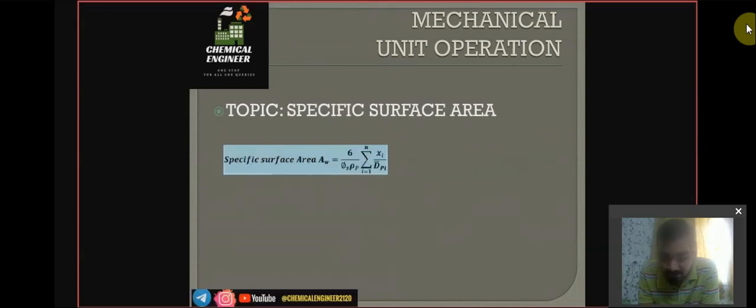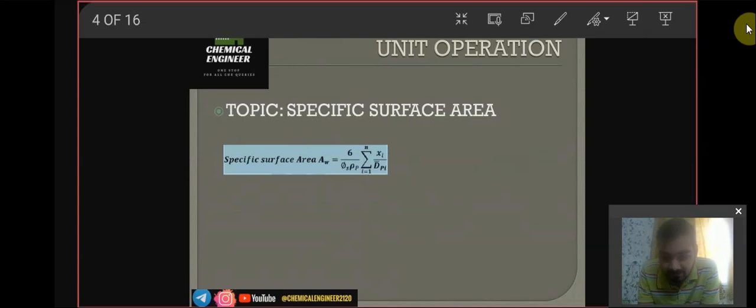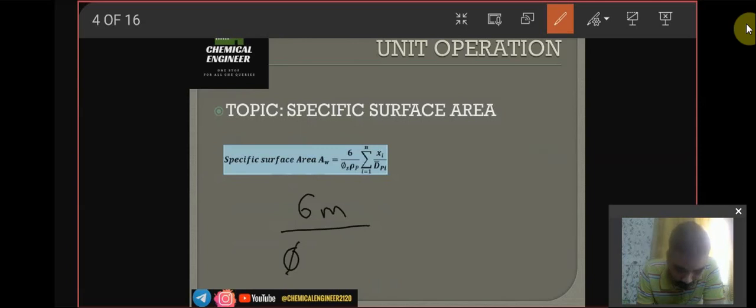Next we have specific surface area. Specific surface area is the area which is actually doing the mass transfer, or we can say the operation. This specific surface area is given as 6m divided by phi s rho p dp.